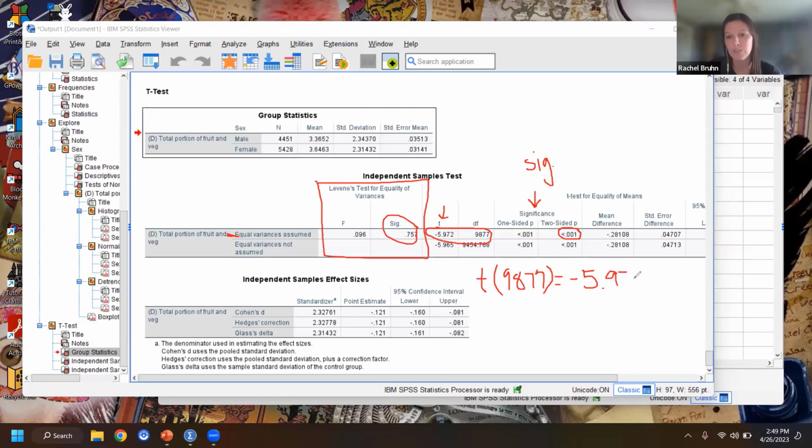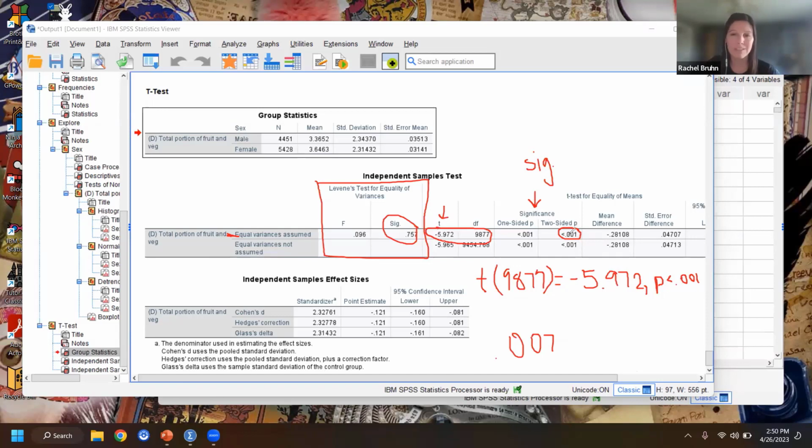And then my P. Because mine is so small, I'm going to report it exactly as SPSS showed it to me, 0.001. If my significance was maybe something like 0.007, I could report P equals 0.007 instead.